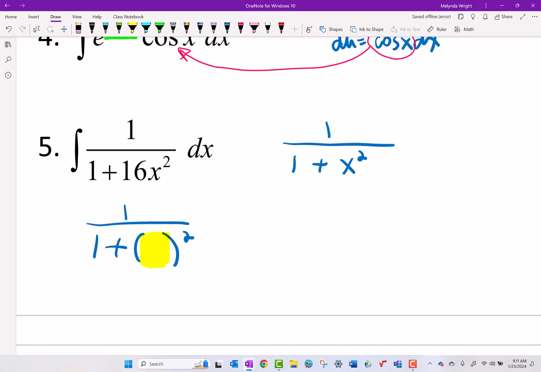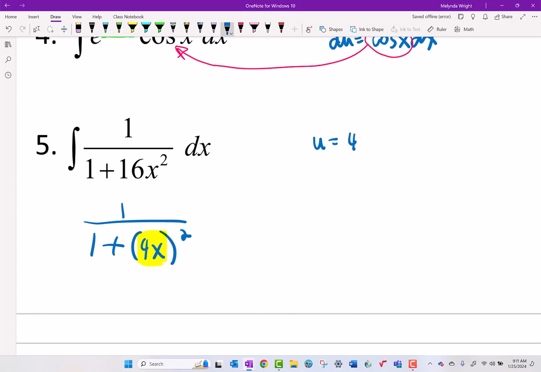So I need to think, what could I square and get 16x squared? 4x. I could do that, 4x. So what's happening here is u is going to be 4x and du is going to be 4 dx.